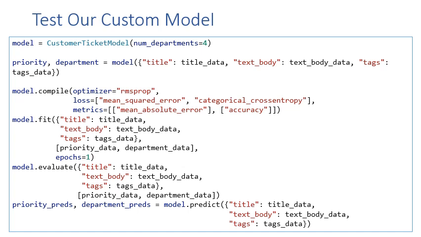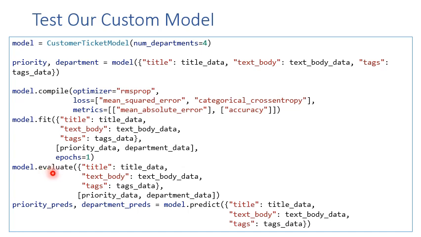Let's test our model. So we can pass the number of departments when we create a model, and then we pass the input in dictionary form to the model, right? Other things are the same. We compile the model and pass different loss functions and also the metrics, and then we train the model using the fit method.